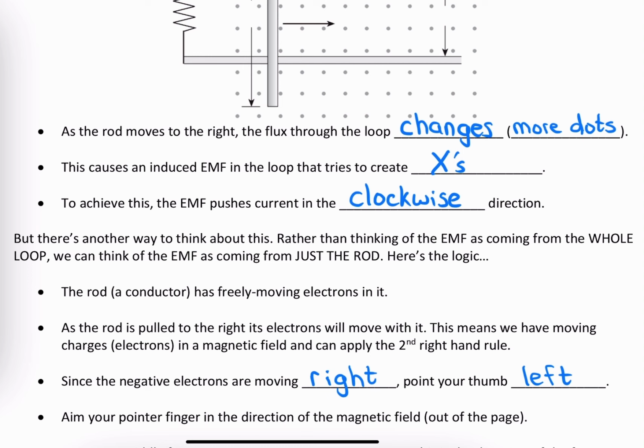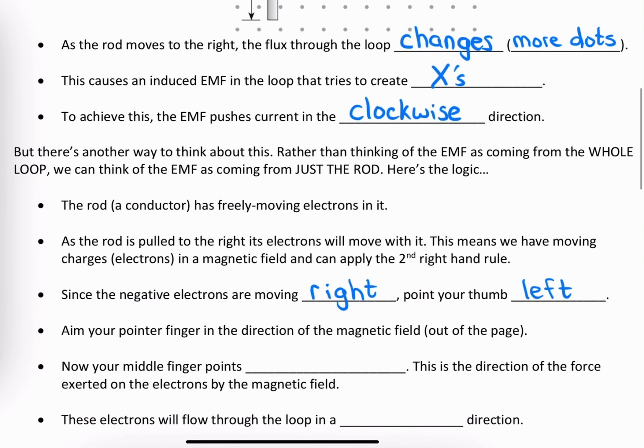Then we aim our pointer finger in the direction of the pre-existing magnetic field. In this case, it's out of the page. So I've got my thumb going left and my pointer finger coming out of the screen. Now my middle finger, when I orient it to be perpendicular to both of my other fingers, is going to point up the screen, towards the top of the screen.